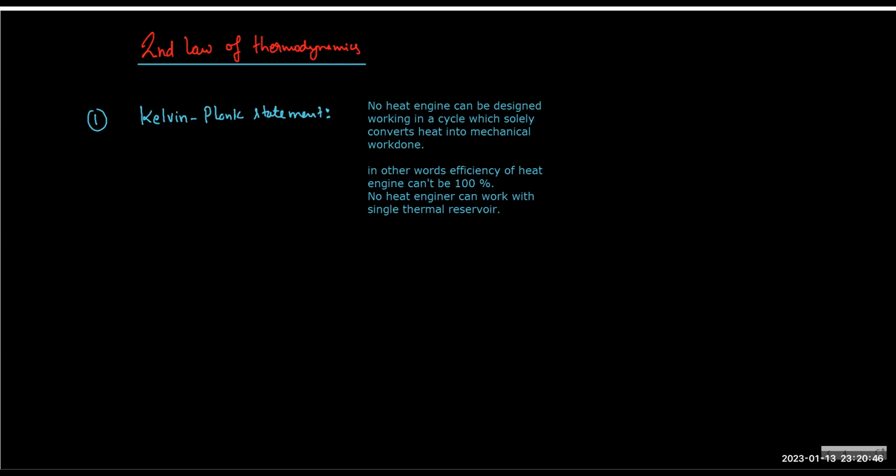So you inhale, you exhale, and of course you do so many things, but you are working in a cycle because you do it repeatedly for a long time, maybe years, maybe up to 100 years also. So we are actually the most complex engine. Every human being is an engine, and we are also working based on the second law of thermodynamics. So we are not beyond this.